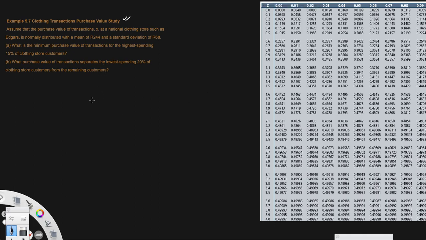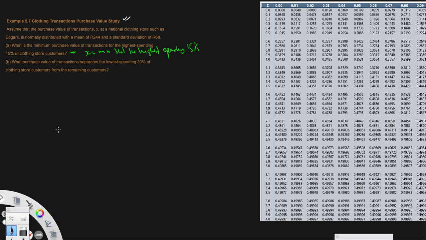If I have to translate what we're being asked, in our first section A here, they want us to find x, the minimum amount that the highest spending 15% would want to pay. So that's the minimum amount that this highest spending group of people would want to pay in that store.